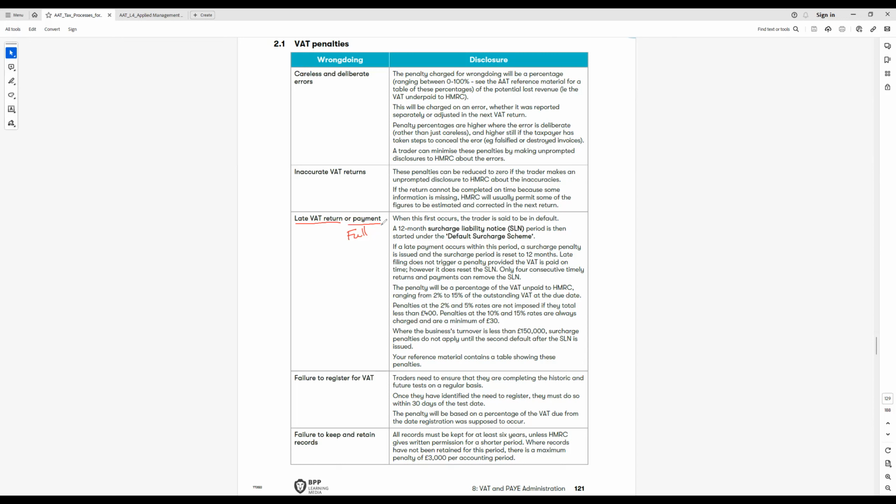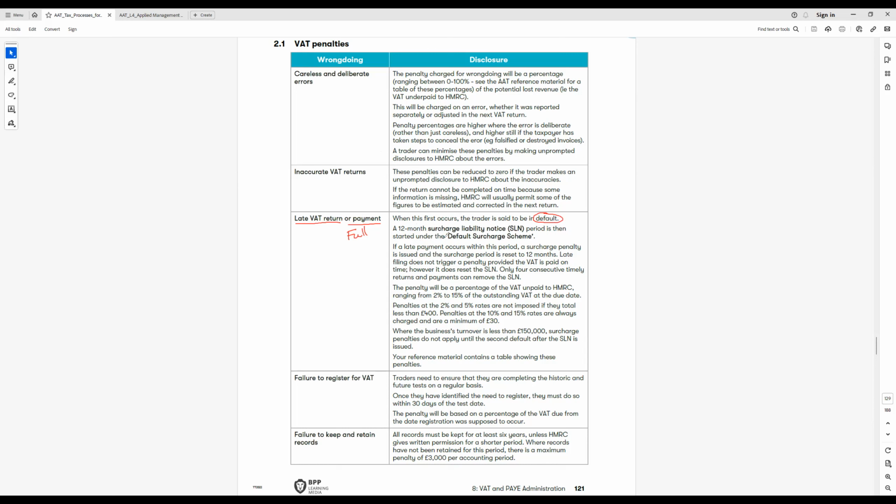Let's have a look at how it works. When this first occurs, when it has happened the first time, the trader is said to be in default. So for example, when you are late for the payment or for the VAT return, the trader is said to be in default. That means you will be in the warning period.